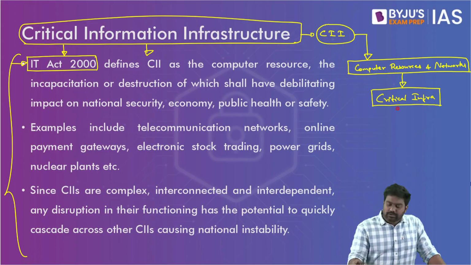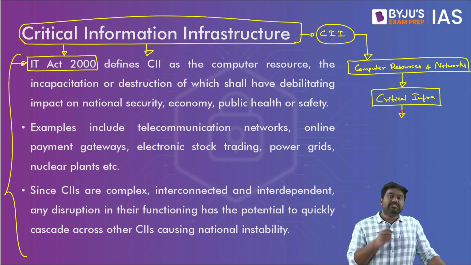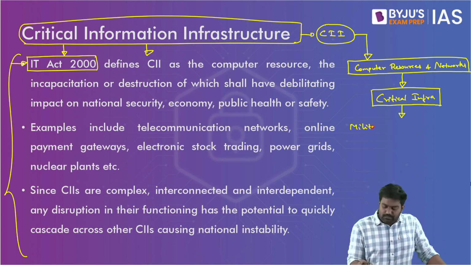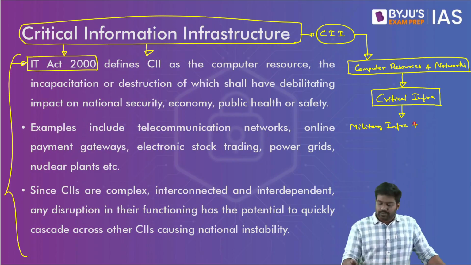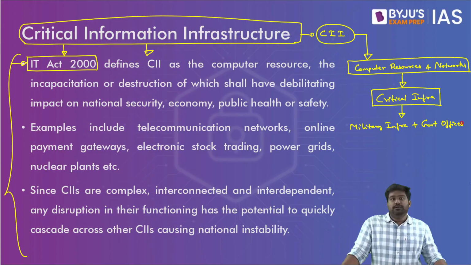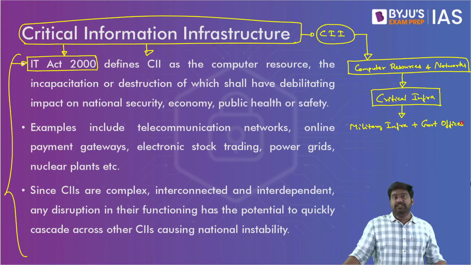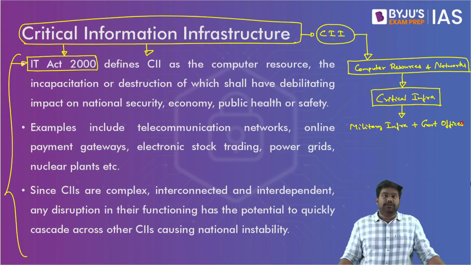Now, what is your critical infrastructure? Any infrastructure which is the backbone of the country's economy and national security. For example, the infrastructure of the military: key military bases, military facilities, military communication. Important government offices: Prime Minister's office, the Defense Ministry, Foreign Ministry, Finance Ministry, offices of government entities like ISRO, DRDO. They all constitute the critical infrastructure of the country.